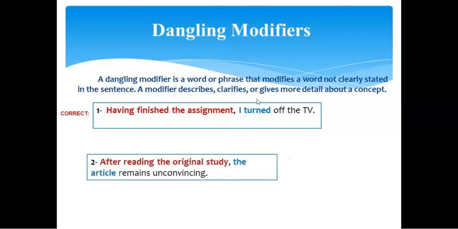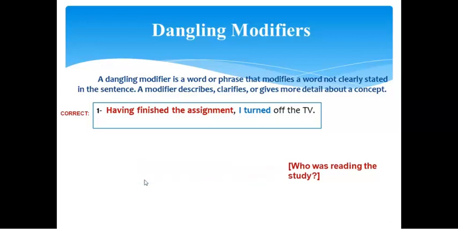Another example: After reading the original study, the article remains unconvincing. The article. You ask yourself now, who was reading the original study? Is it the article? Actually, no. This is called a dangling modifier because it's not clear to whom it refers. So you ask yourself, who was reading this study? Is it the article?